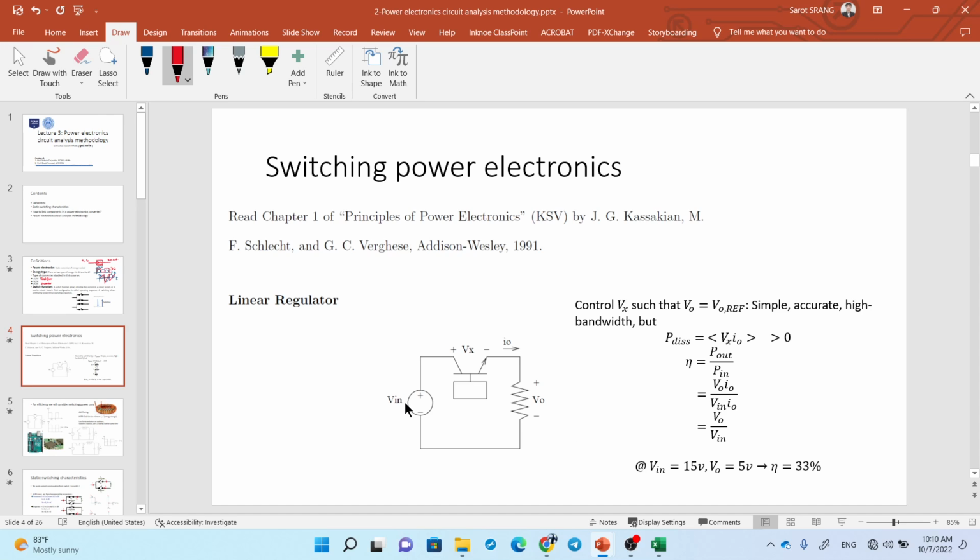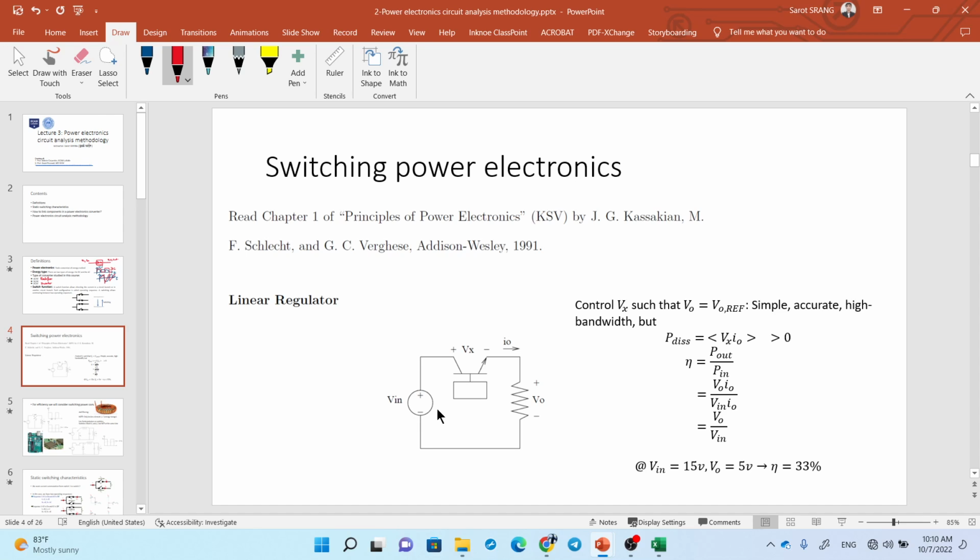Let's say you have input voltage V in and you want V out. This is the output for your load. You need a certain control in order to guarantee the voltage V out is always stable and constant. Let's see an example. In a computer motherboard, some parts need only 5 volts for electronics.